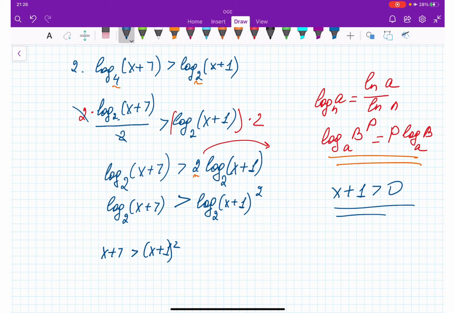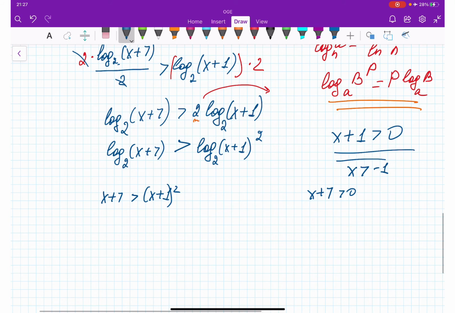Let me tell you. From x plus 1 greater than 0, we get x greater than negative 1, right? Now, from x plus 7 greater than 0, I'm getting x is greater than negative 7. So on the line, negative 7, negative 1. For negative 1, it says greater than negative 1, which means it's going to go this way.